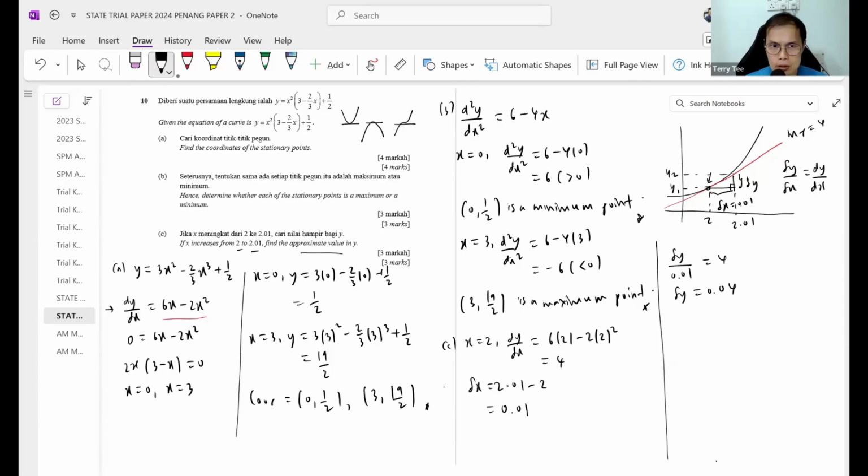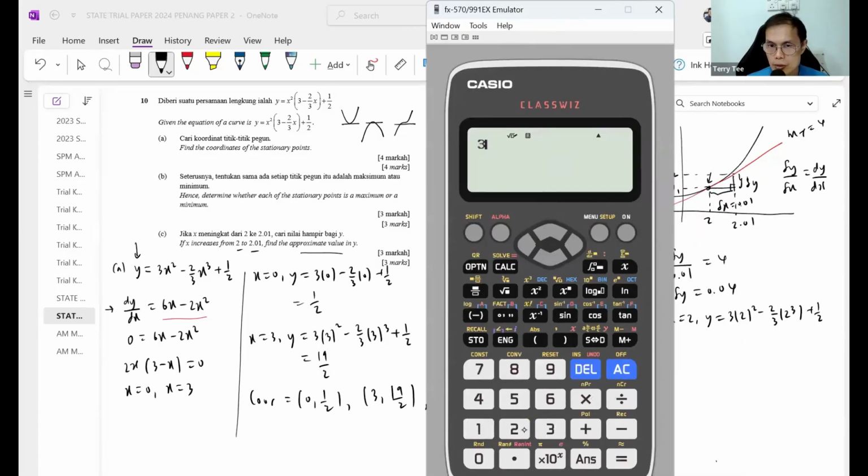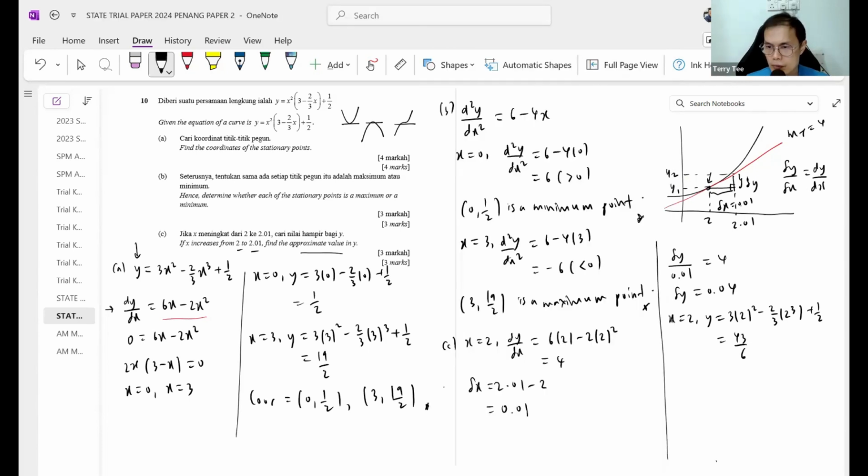Take x equals 2, put inside your y. So when x equals 2, your y is 3 times 2 squared minus 2 over 3 times 2 cubed plus half. Now use your calculator. 3 times 2 squared minus 2 over 3 times 2 cubed, I could put 8, plus 1 over 2. So this is 43 over 6. Not a nice number, but this is your y1, the initial value of y.